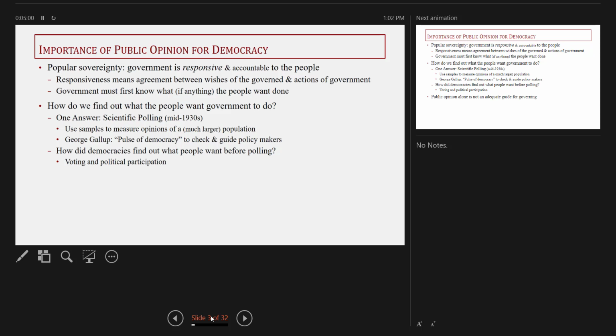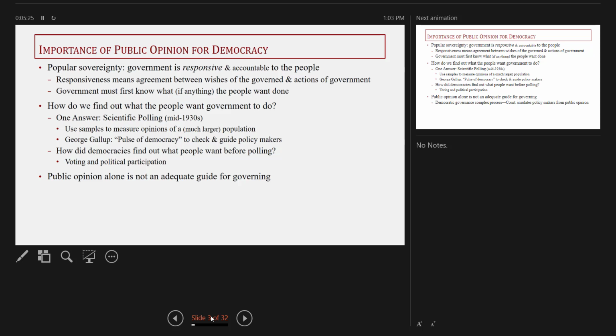The general answer is that democracies found out what people wanted through voting and participation in politics, which is the topic that we're going to talk about in the next module. But for now, I want to place Gallup's notions about public opinion polls in context.